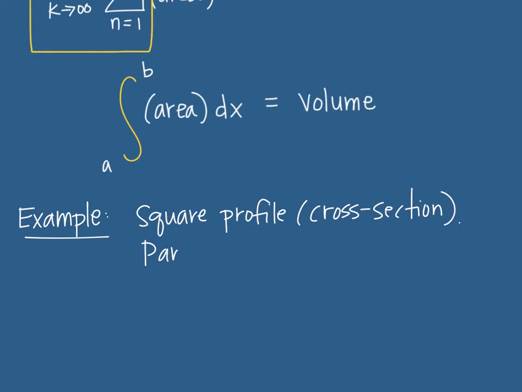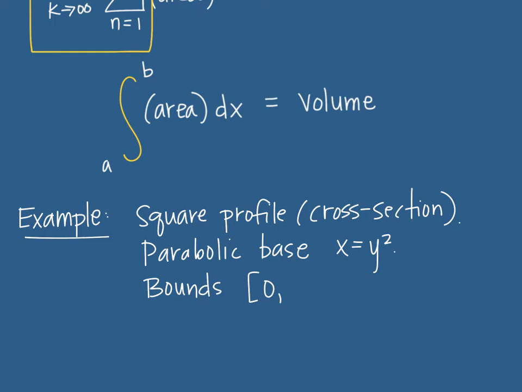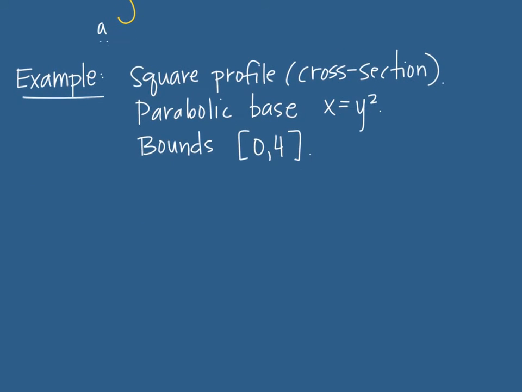Parabolic base, x equals y squared, bounds 0 to 4. Square profile, parabolic base, bounds 0 to 4. Find the volume.